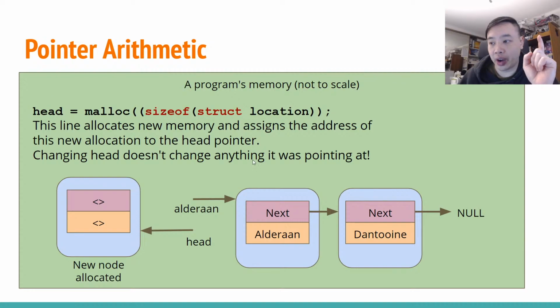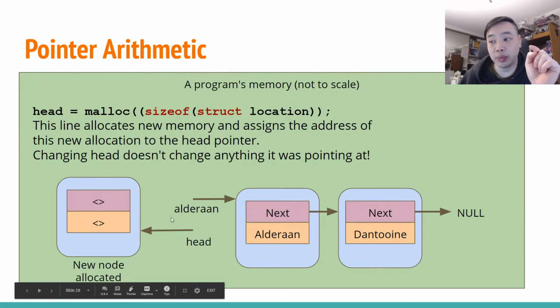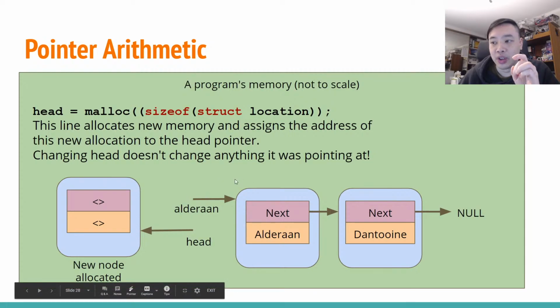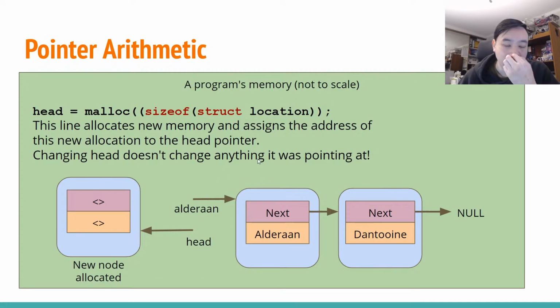A star or an arrow would have taken us to this node, but since there was no star or arrow, all we changed was where the head was aimed. It was no longer aimed at this node, it's aimed at this new node that's just been created. And we don't know what we're doing with that node yet, but this is an example of how we're moving pointers around, we're using memory allocation, we've got linked lists, we're copying pointers and stuff like that.